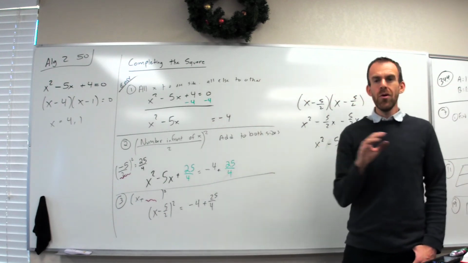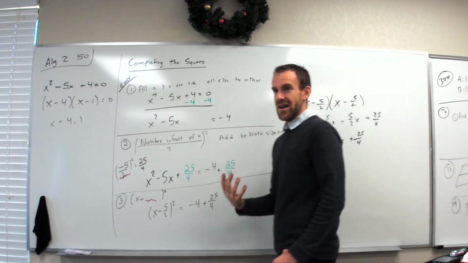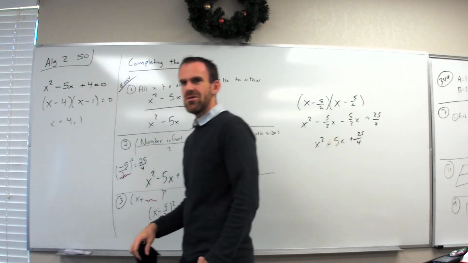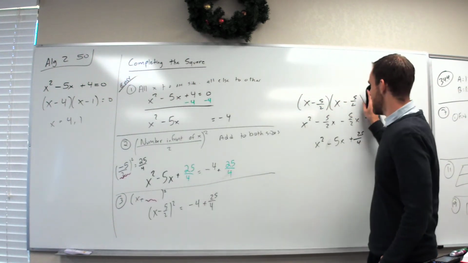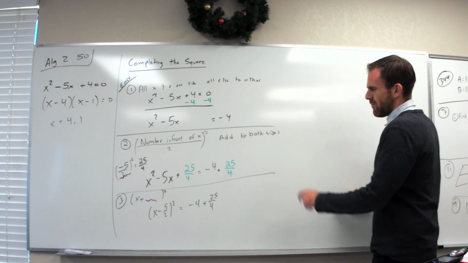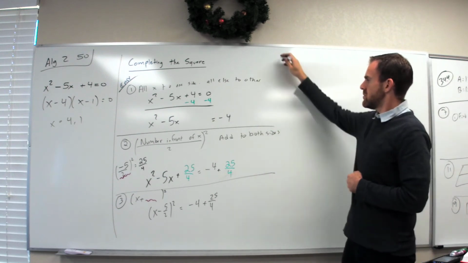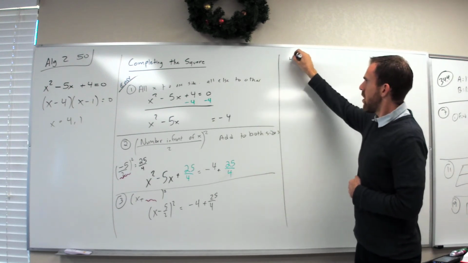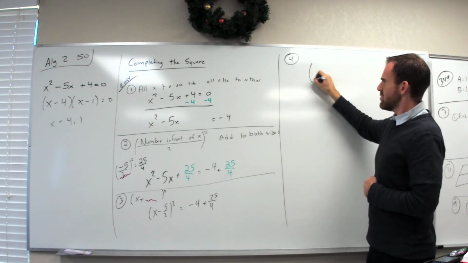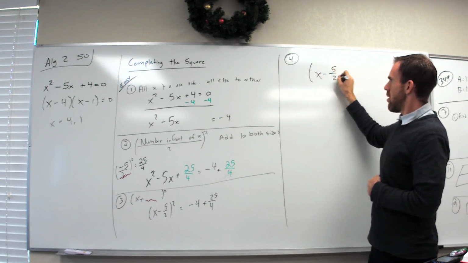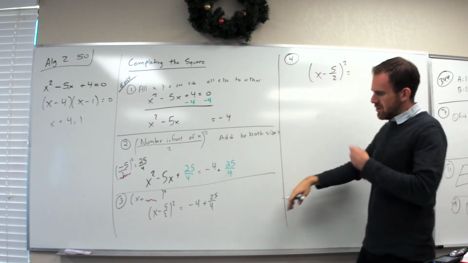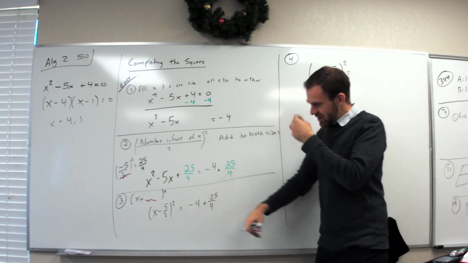Now, the whole point of this problem is to solve for x. Remember we started that earlier? We were like, oh, we want x equals something. So how do I get from that to solving for x? Well, first of all, that's fine.